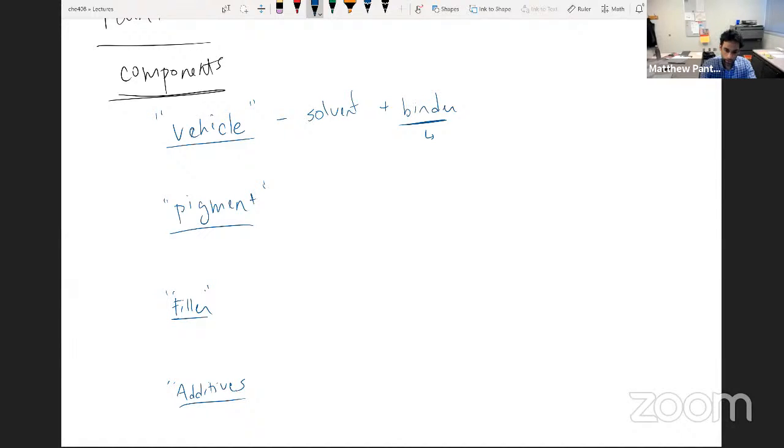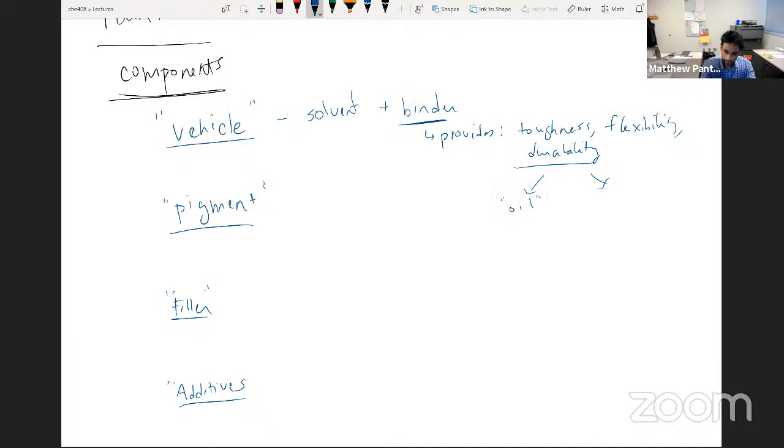So the binder provides different properties, such as toughness, flexibility, and durability. This binder is typically classified into two different components. We usually talk about oil-based paint and latex paint.